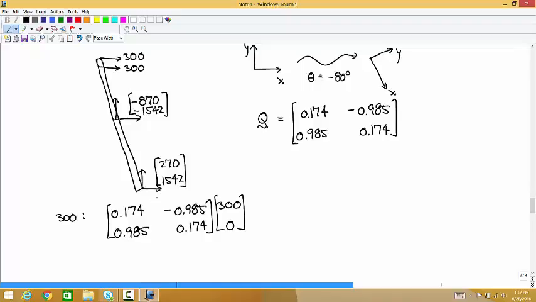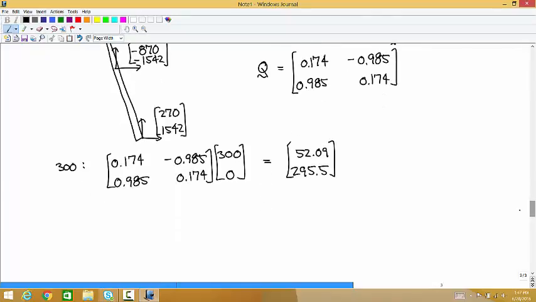Can someone multiply that? Ooh, I know what this one's going to be. This is going to be 295.5. What is it? 52.09. Okay, and we have two of those.